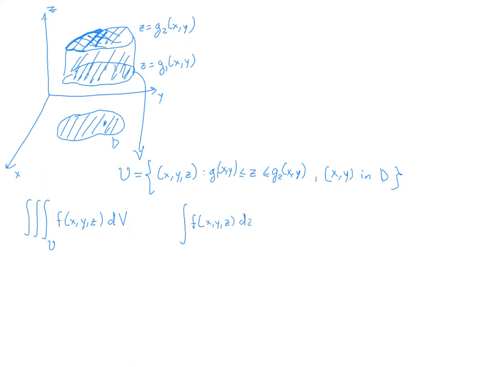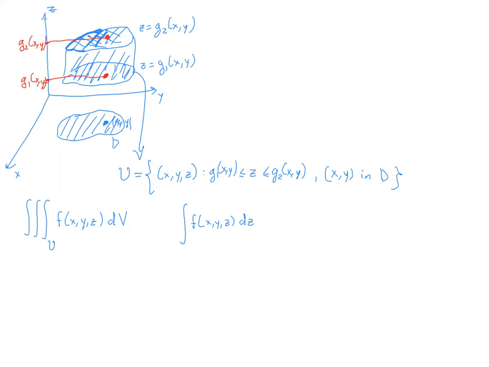If you fix a point xy, let me change color and show this more clearly, you have the point on the graph corresponding to xy here. And the numbers are exactly g1 of xy, that's how a graph works, and g2 of xy.